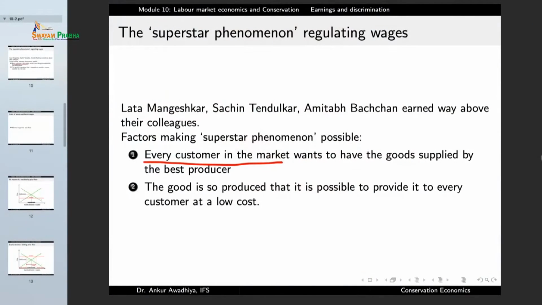And the good that is produced is so produced that it is possible to provide it to every customer at a low cost. So what we are saying here is that suppose the good is something like the work of a doctor. In this case, a doctor, when he is treating one patient, will not be treating another patient at the same time.